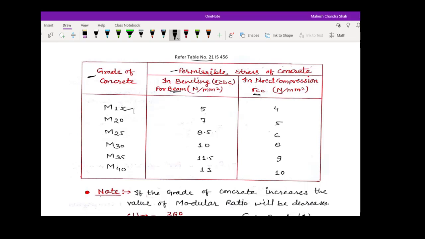For M15 the permissible stress in bending is 5 and in compression it is 4. This value will not be used for RCC design, because as we studied in the previous lecture, for RCC design we use minimum M20 grade and above. So for M20 the permissible stress in bending is 7, and in direct compression it is 5, and so on for M25, M30, M35 and M40.